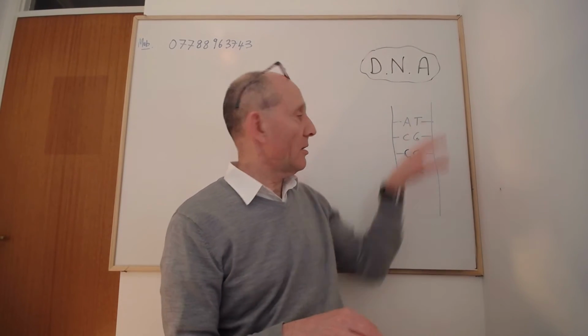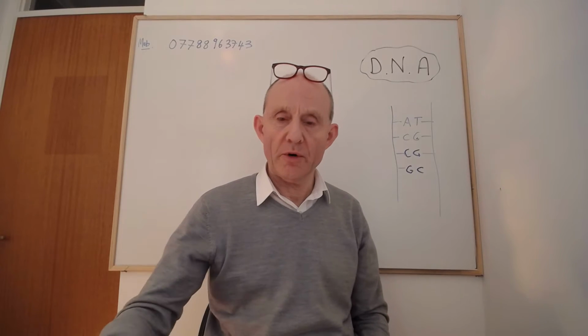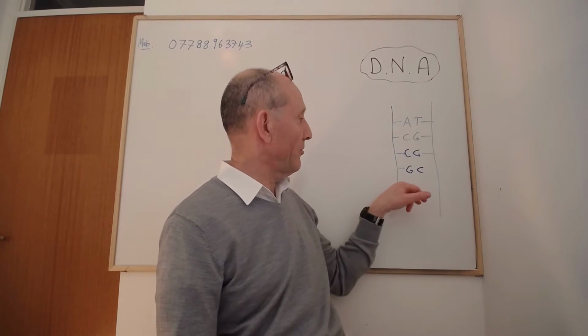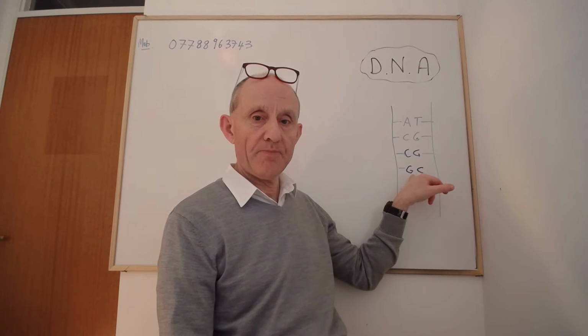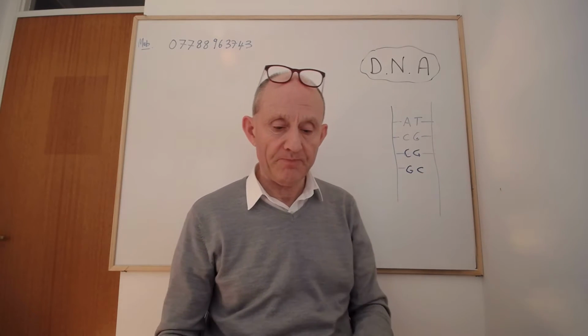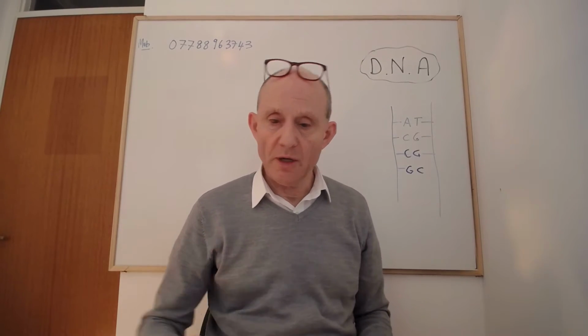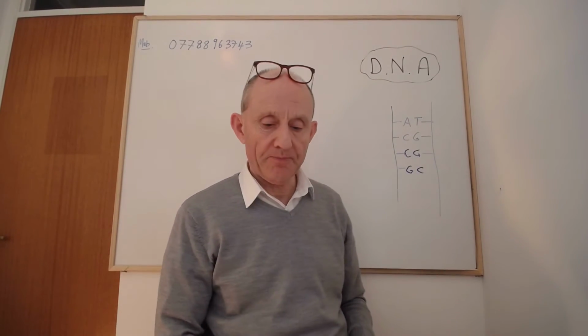Okay, so the DNA molecule then, a long molecule with two strands, as it were. These are sometimes referred to as the backbone of the molecule, these two strands, and these here would be the bases in the center. So the DNA is a long thread-like molecule.